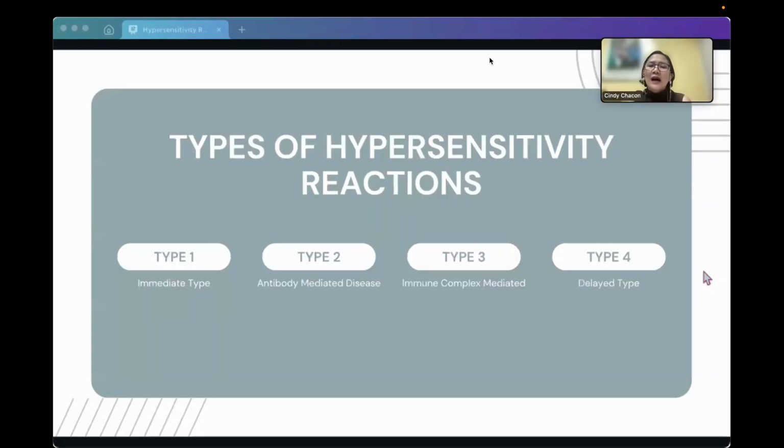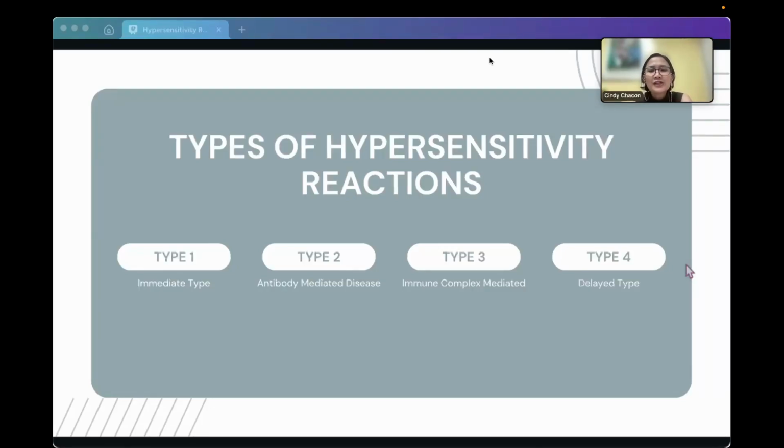So, hypersensitivity reactions may occur against foreign antigens or against self-antigens. It is classified based on the principal immunologic mechanisms causing the disease. So the easiest way to discuss the pathophysiology of allergic disease, or hypersensitivity reactions rather, is by going through the Gell and Coombs classification.